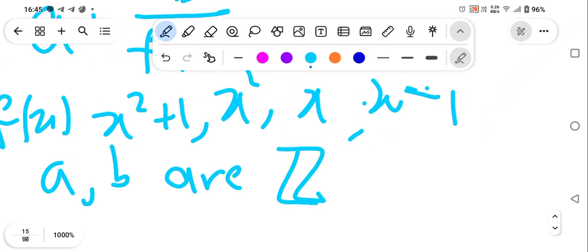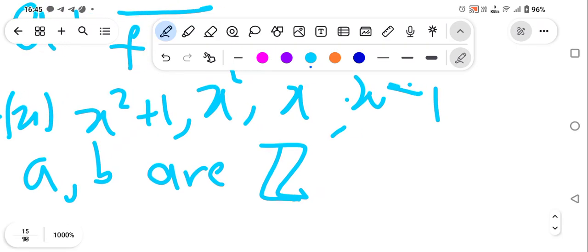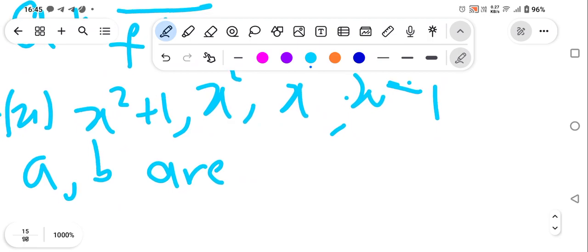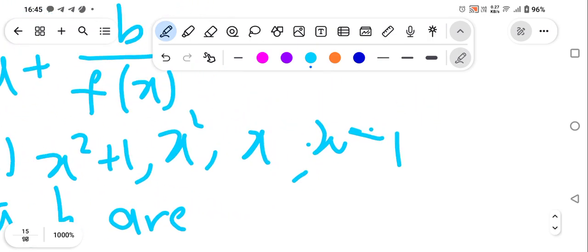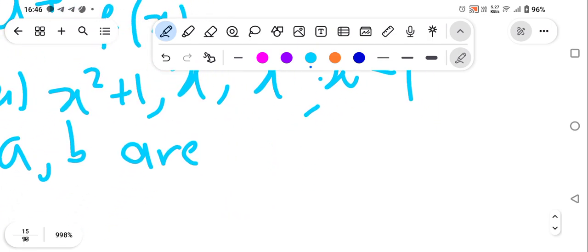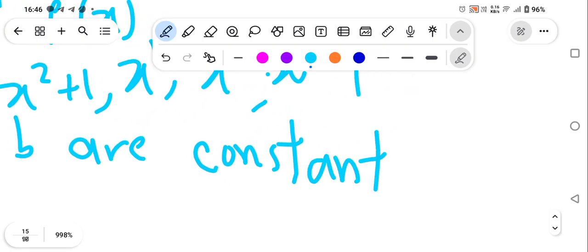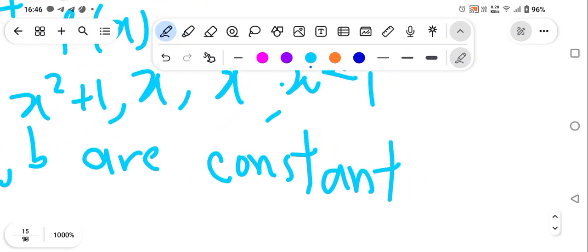Not necessarily positive and negative, just integers. Or you want to do fractions, it is also okay. I'm just gonna call it constant. Can constant not necessarily be integers? Can also be any constant, so any real number.